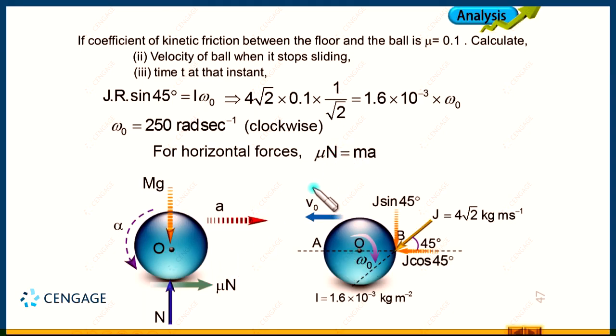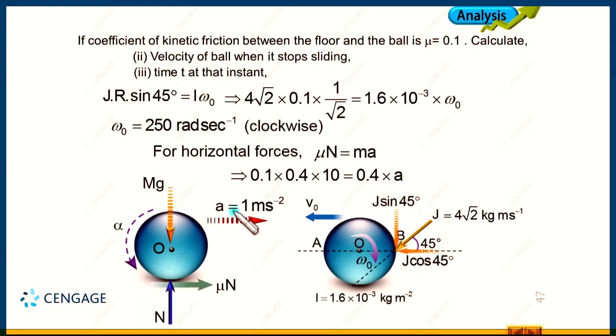So n equal to 0.4 multiplied by 10. Here 0.4 will get cancelled, and the acceleration is 1 meter per second square. So here we got the value of the translational acceleration of the ball.